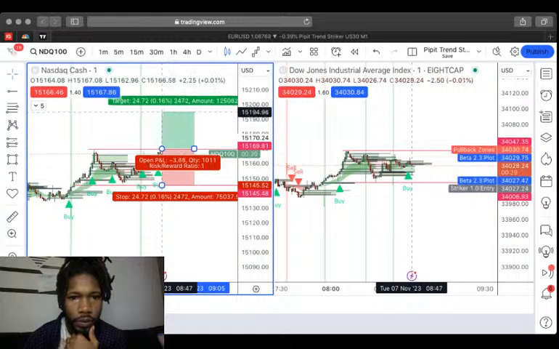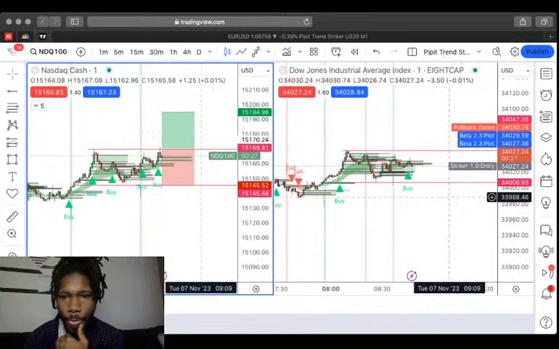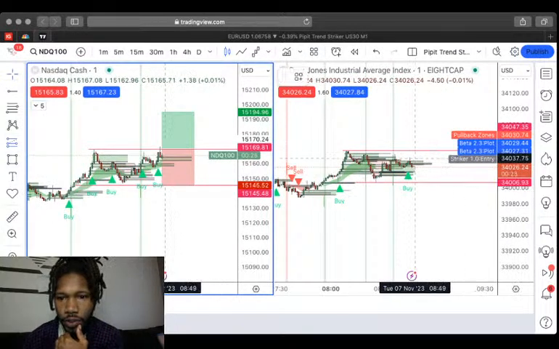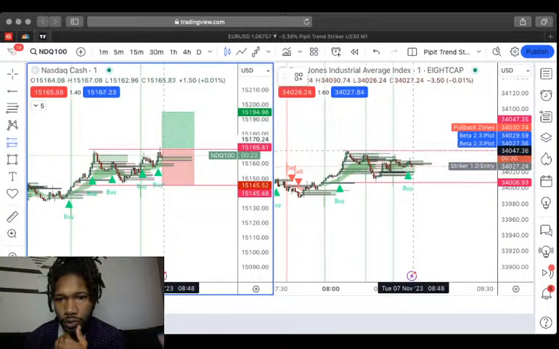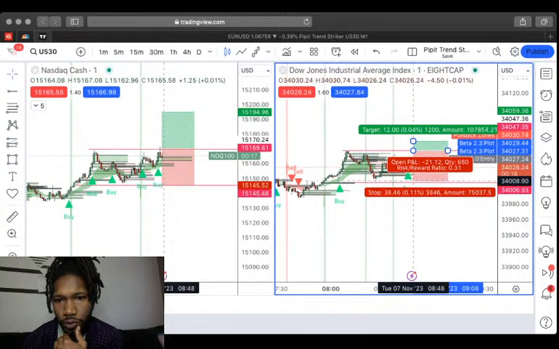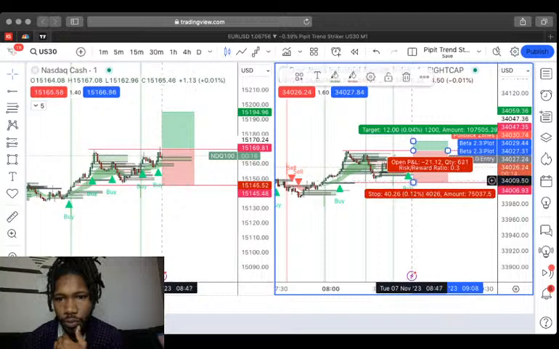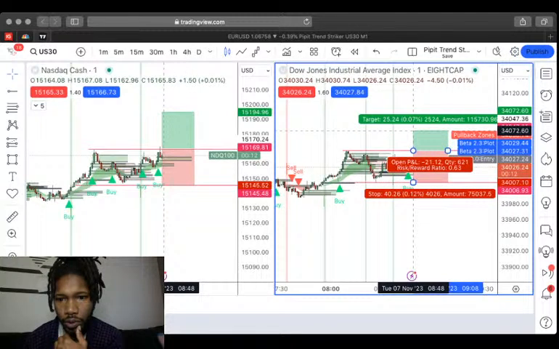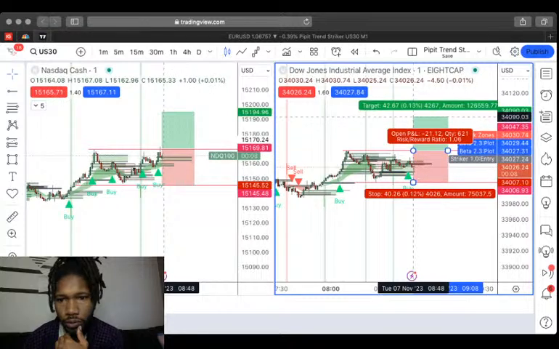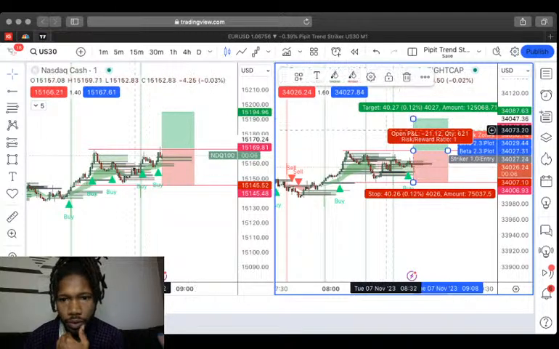We want to do a 1-to-1. Same thing goes for US 30. That's 40 points. We go 1-to-1 for 40 points.